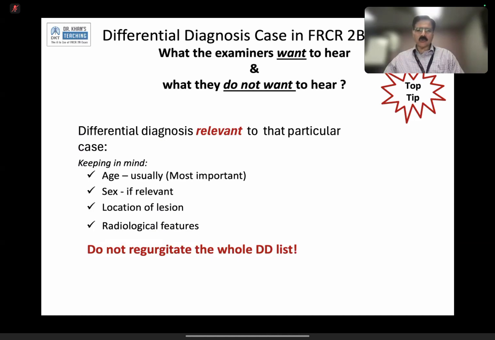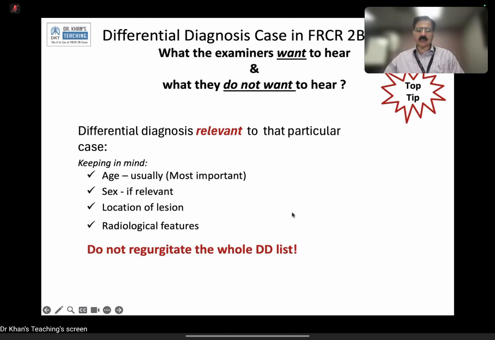The examiner wants to listen to the relevant differential diagnosis. In many cases there will be a single diagnosis because of the clinical scenario, and they do not want you to regurgitate the whole differential diagnosis list.